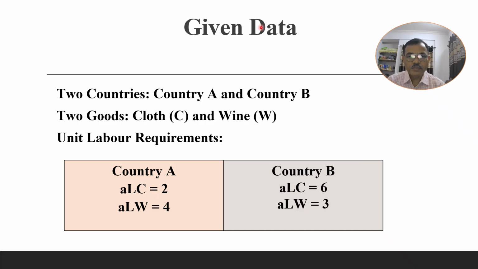In country B, cloth requires 6 units of labor, wine requires 3 units of labor. Now let us calculate opportunity cost.